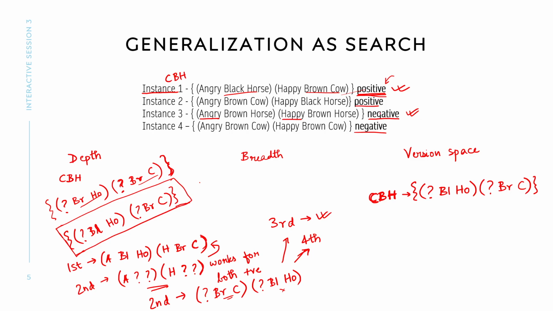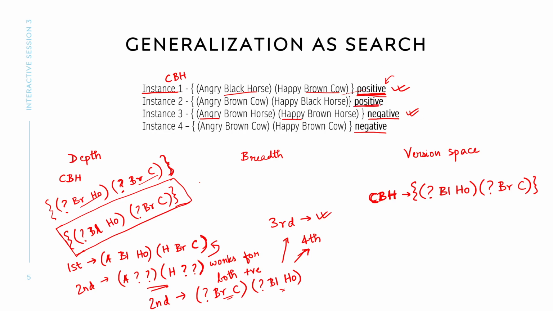If it was like positive negative positive negative, then I would take one instance at a time and try to see if my generalization is working. So for a positive instance, my generalization should work, and any previous negative example should not be included. Any previous positive example should be included, right?